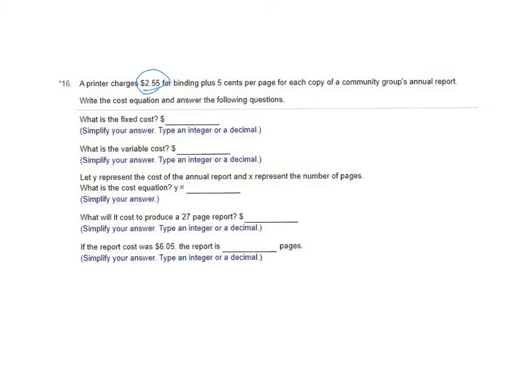The fixed cost is the $2.55. That's what we pay for the binding. We pay it once, and that's it, and that's why it's fixed. What is the variable cost? The variable cost is the 5 cents here, the 5 cents per page. That's going to be changing depending on how many pages we have.